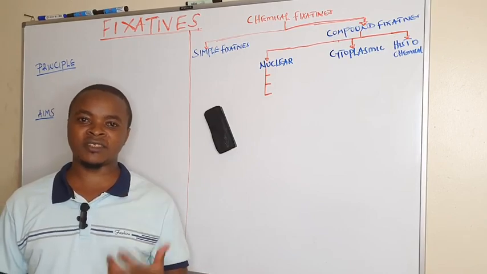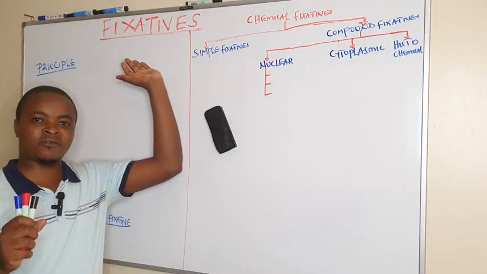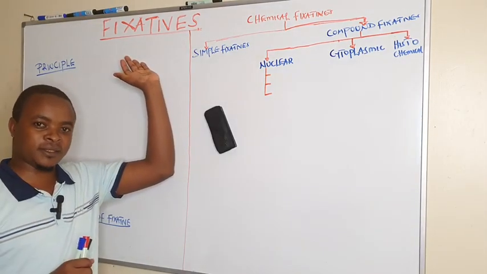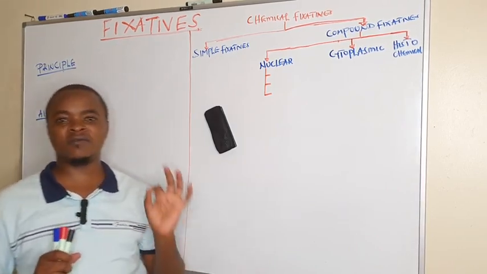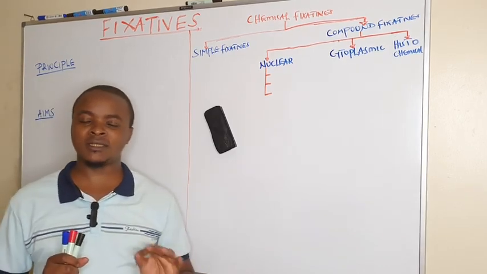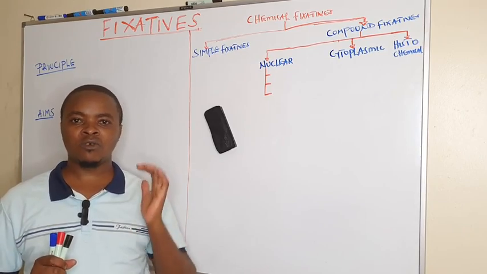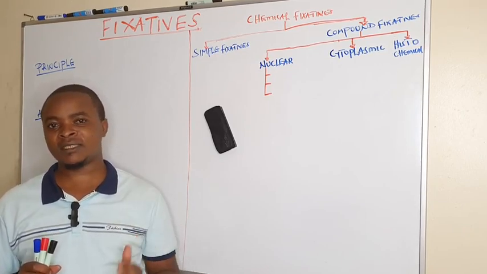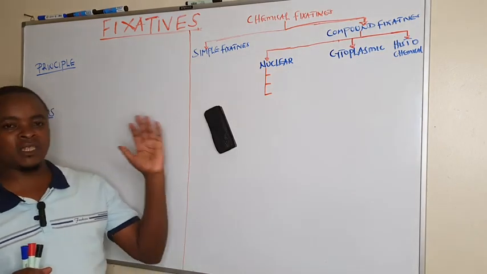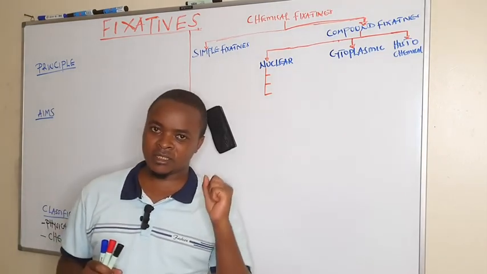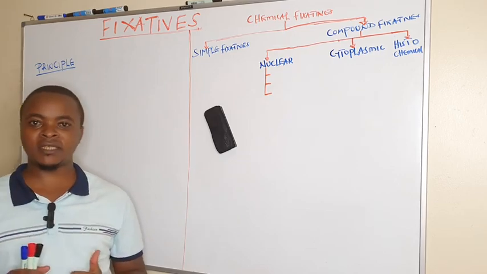So when we fix them using these chemicals, they preserve the cellular components in their lifelike state. So fixatives are chemical or physical components that preserve tissue or cell components in their lifelike state, maintaining their morphology and structural details. So that is what we call a fixative.